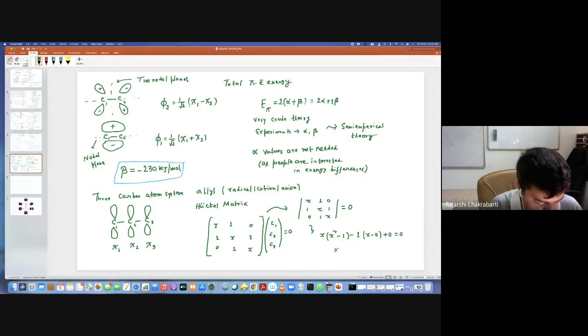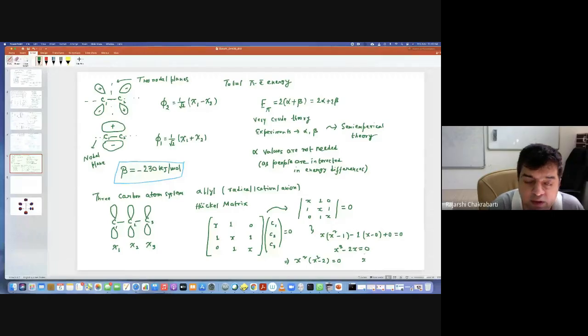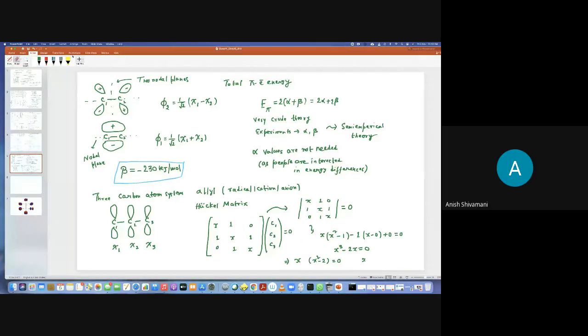This is going to be x cube minus x minus 2x. What are the solutions? That is x into x square minus 2. What are the solutions? x equal to 0 and x equal to plus minus root 2.